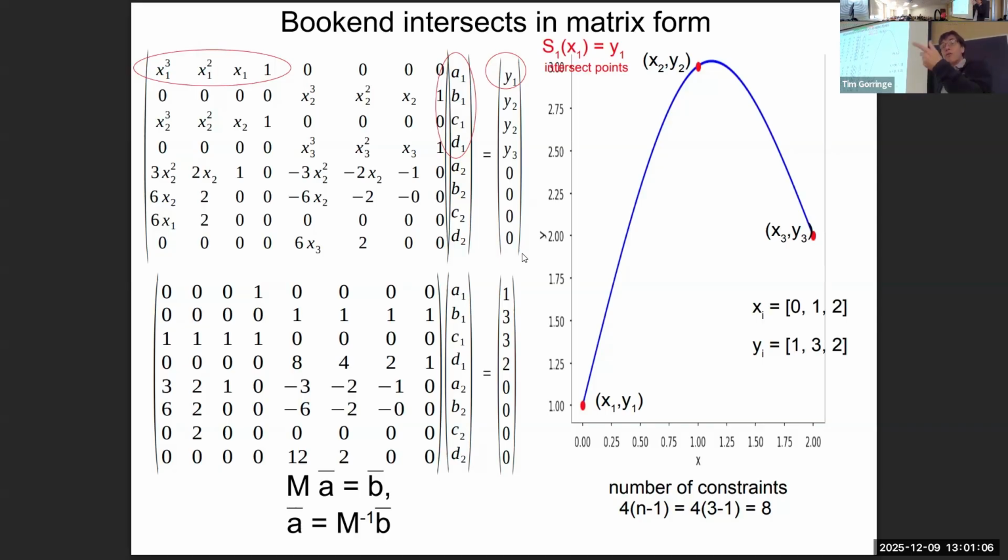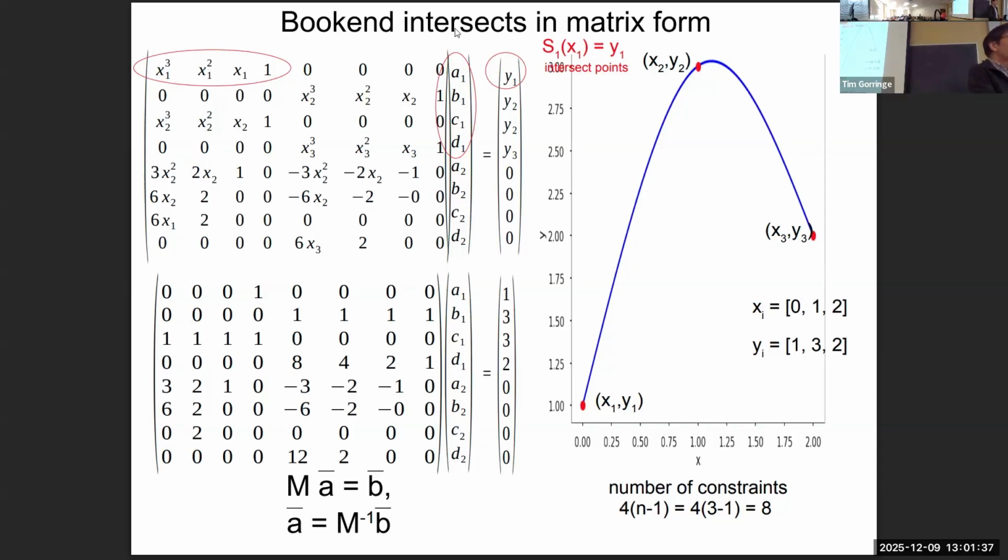The top row of the matrix basically has x1 cubed, x1 squared, x1, and then unity. Multiplying by that column vector with the coefficients is simply the left-hand cubic spline. And the fact that that will equal y1 is that first constraint, that the cubic spline goes through the left-hand data point.